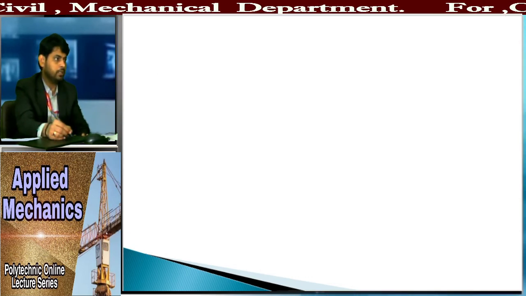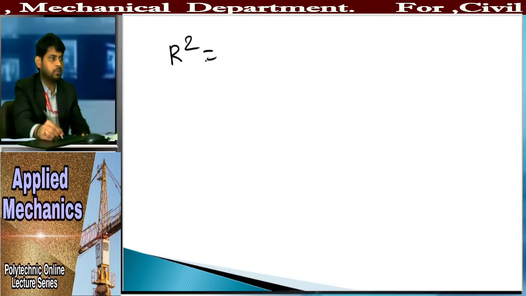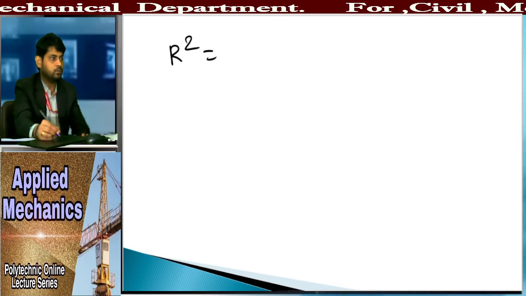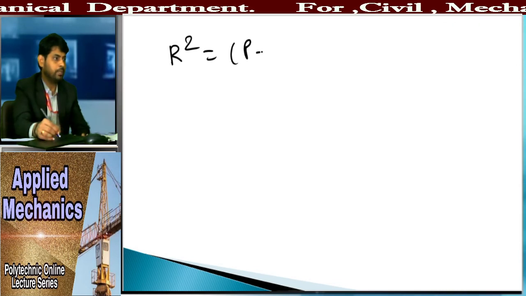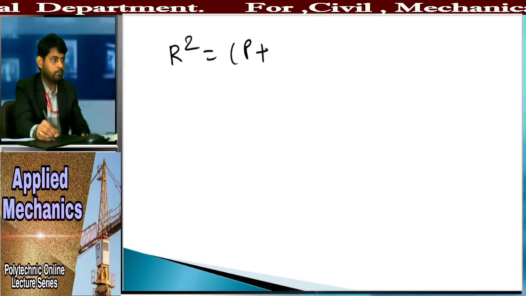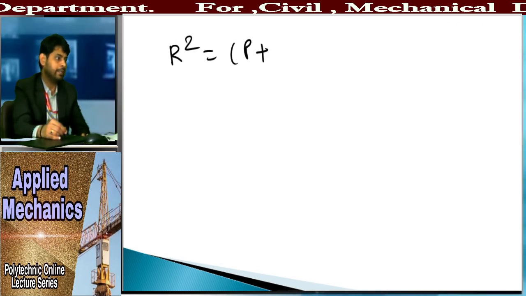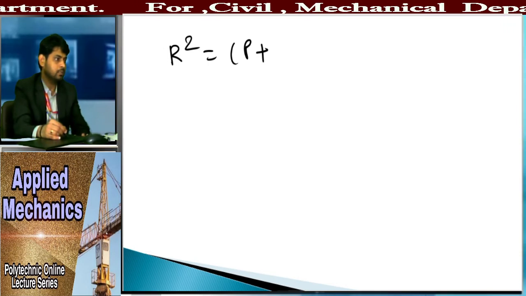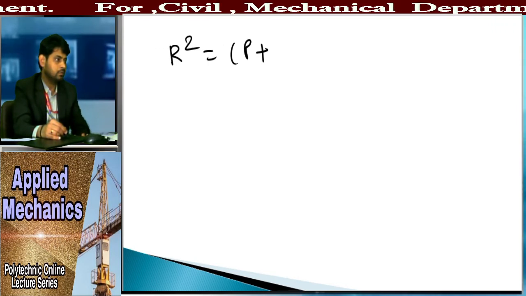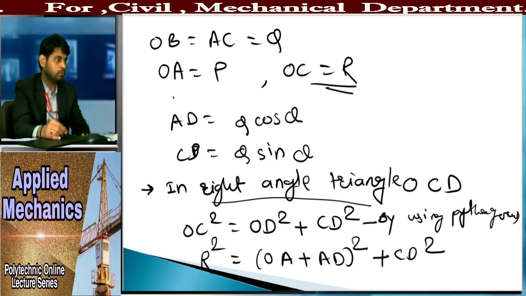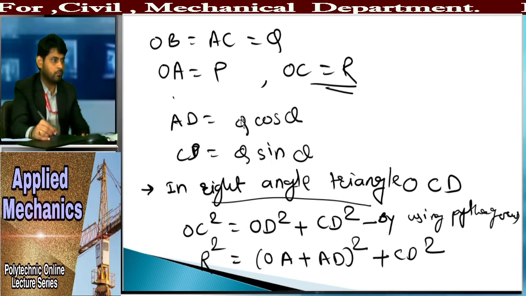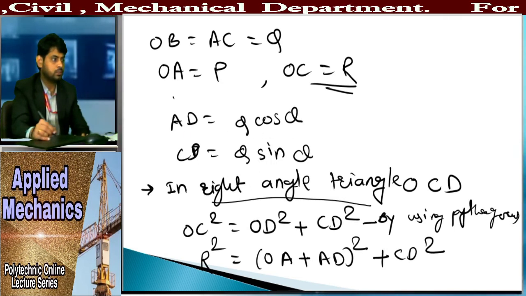So here you can see R square is equal to, the value of OA is nothing but P, plus the value of AD is nothing but Q cos theta.